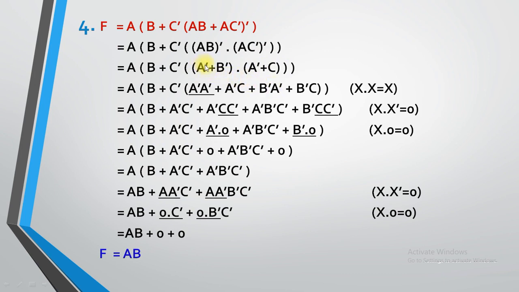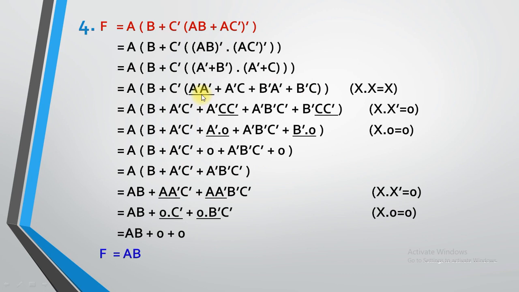I am going to repeat this point once again: if I want to multiply these two brackets, first of all consider the value of the first bracket. So A dash can be multiplied with this A dash, A dash into C, B dash into A dash and B dash into C.